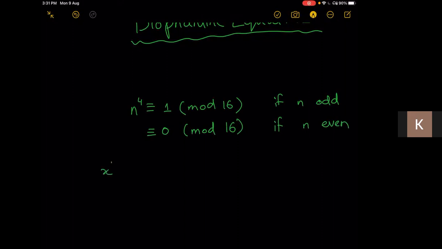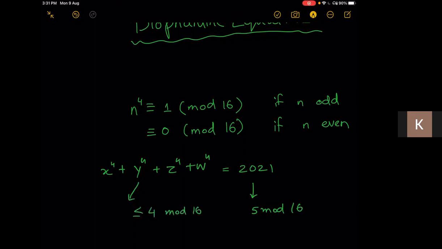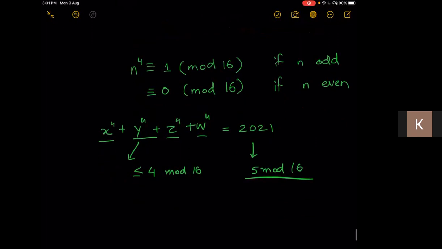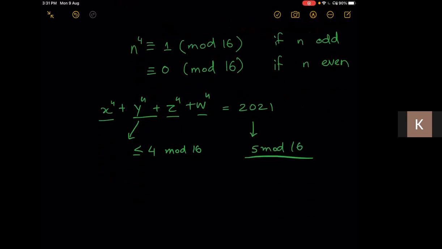And then x to the power 4 plus y to the power 4 plus z to the power 4 plus w to the power 4 equal to 2021. But this is 5 mod 16. This can be at most 4 mod 16 if all of them are odd. If even one of them is even, then it can be 3 mod 16, 2 mod 16, anything. But it cannot be ever 5 mod 16. So LHS and RHS cannot be equal, no solution. Remember this, na?